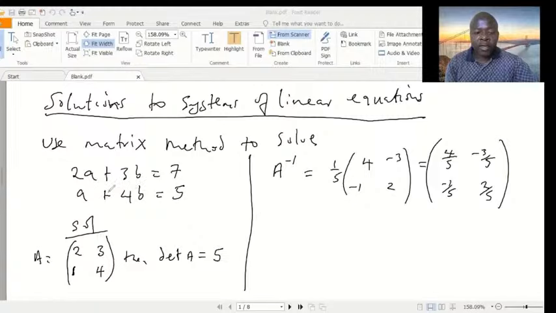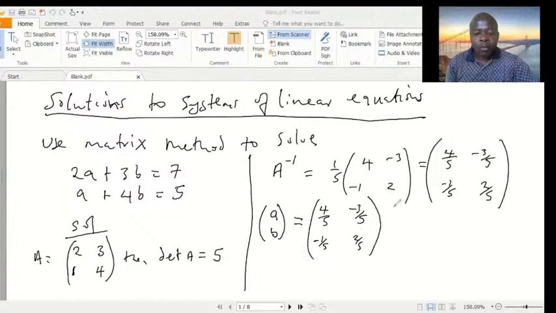So to find the value of A and B, I write that A, B is equal to this inverse, which is 4 out of 5, negative 3 out of 5, negative 1 out of 5, and 2 out of 5, multiplied by this constant, 7, 5.